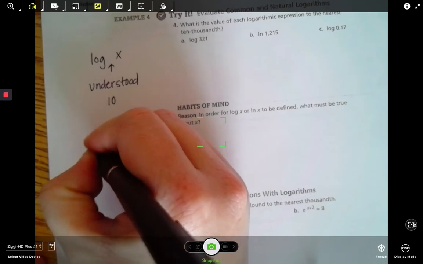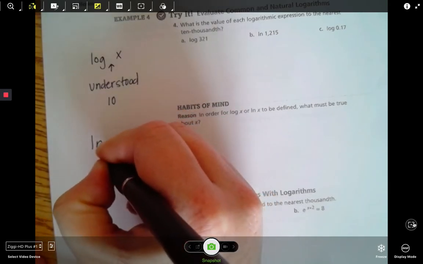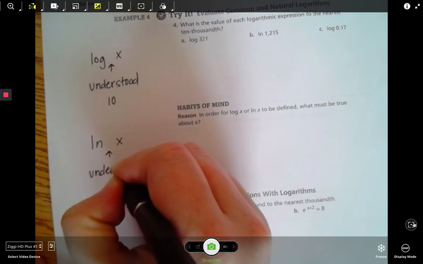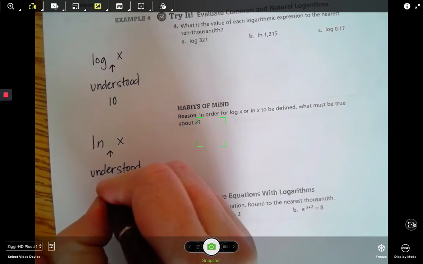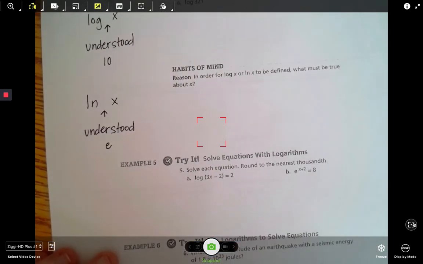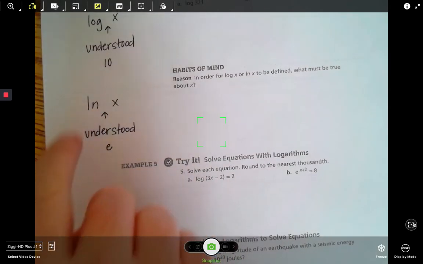If you see the natural log of x or the natural log of any number, it's understood to have that natural base of e. Remember, we talked about that e in that compounding interest? And that's understood as natural log.